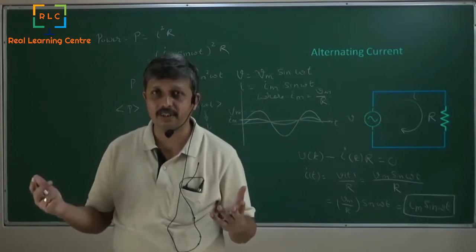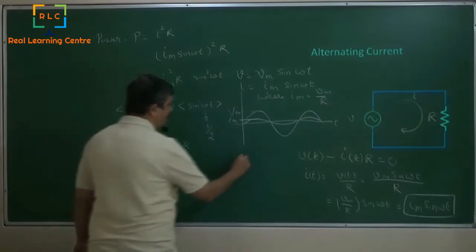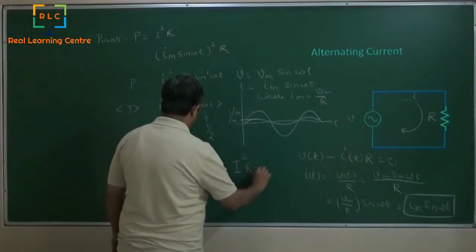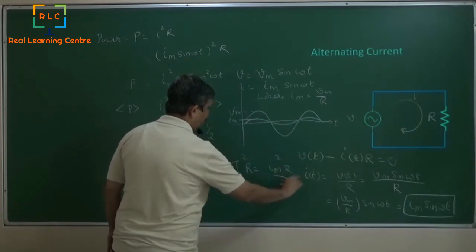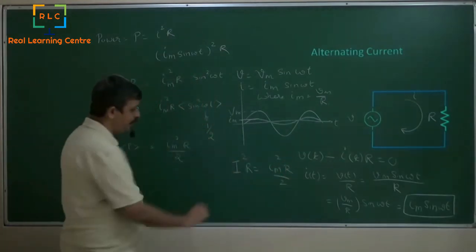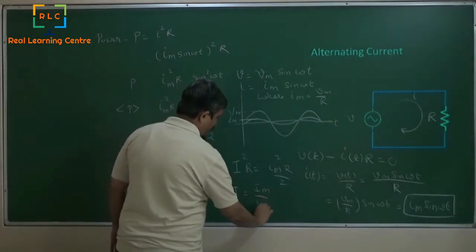In which case, if you equate the power, we will say I square R is equal to Im square R by 2, or I is equal to Im by root 2.